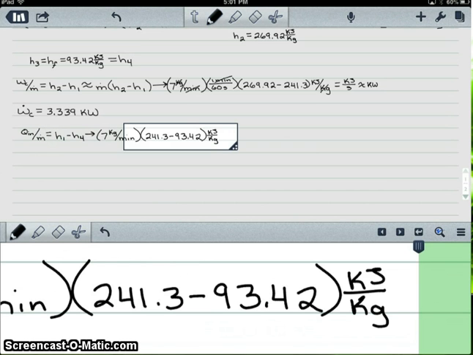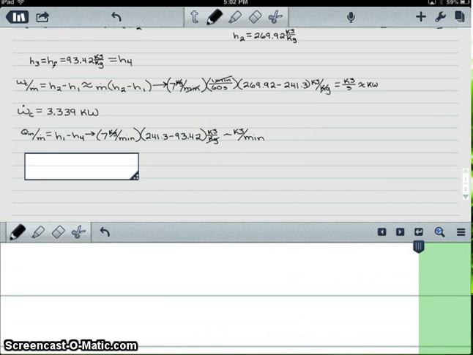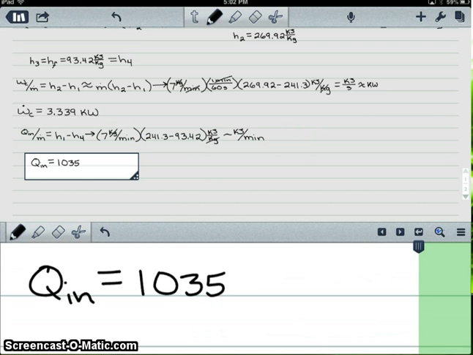Okay, so we simplify some of our values. This will give us kilojoules per minute, and our Q in, or heat addition, is equal to 1035.16 kilojoules per minute.